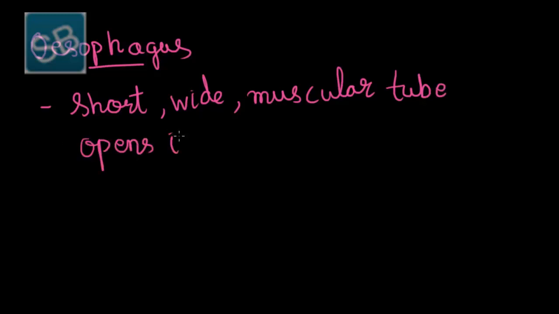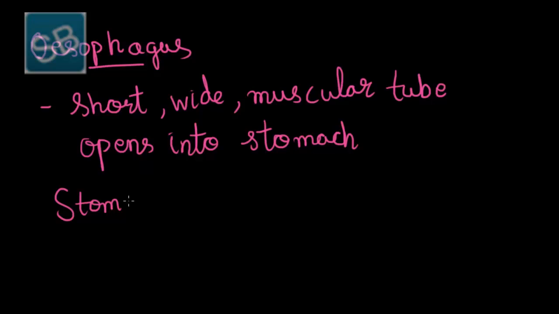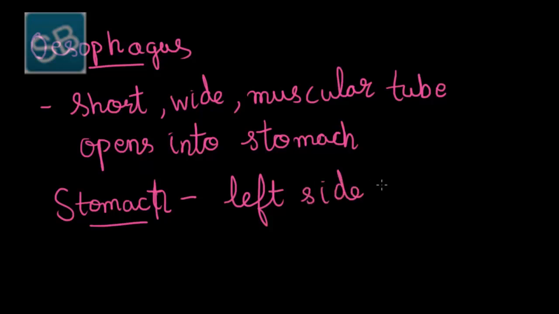which opens into the stomach. The stomach is considered the most important part of the digestive system or alimentary canal. It is located on the left side of the abdomen.